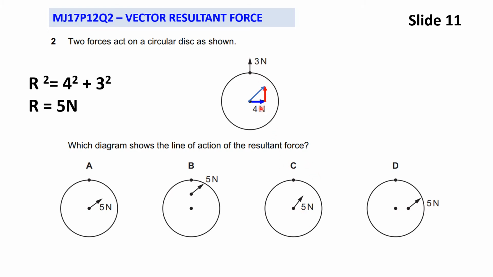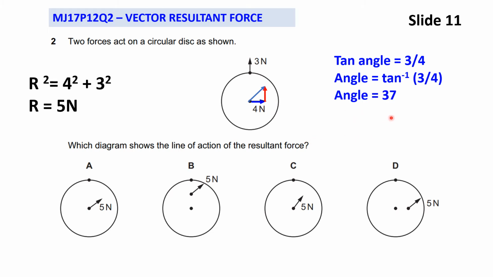The values 4 and 3 were provided, so I'm going to use the tangent of the angle on this corner of this right triangle, which is the opposite, 3, over the adjacent, 4. Then I calculate this angle as the inverse tangent of 3 over 4, and I will have an angle of 37 degrees.